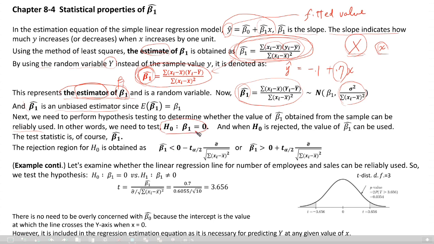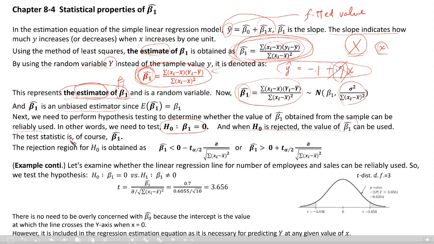If beta 1 equals 0, in other words, if the null hypothesis cannot be rejected, then it is useless. You cannot use this estimated equation for any purpose. When H naught is rejected, then the value of beta 1 hat can be used for your purpose.